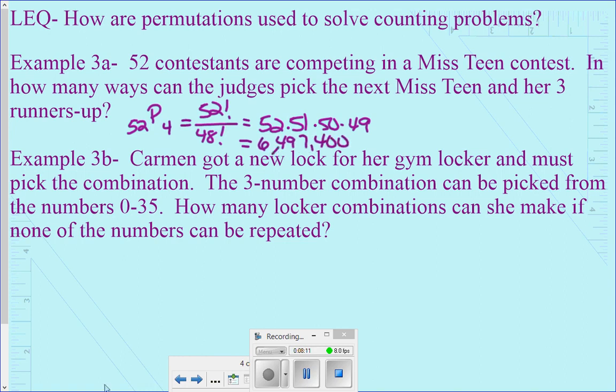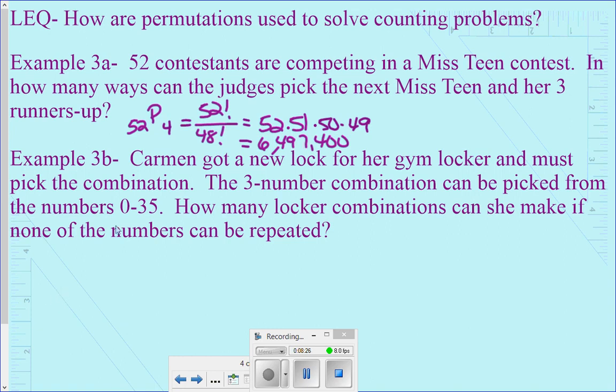Okay, now B, we have a combination lock that has a 3-number combination, and the numbers are 0 to 35. How many combinations can she make if none of the numbers can be repeated? Well, no repeats, and the order does matter. So permutation.